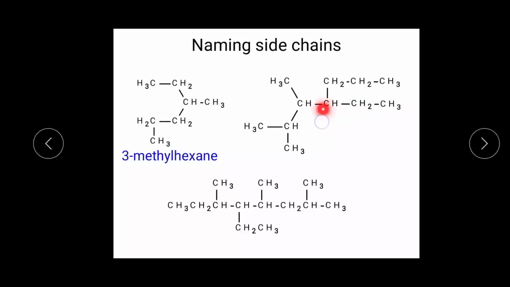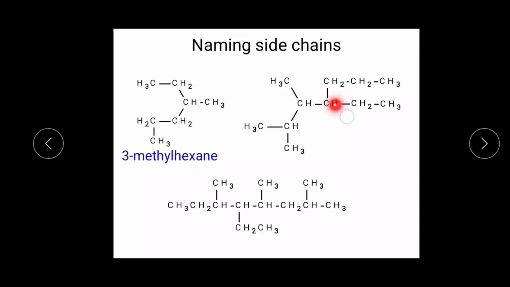We will begin the counting this way. Or you may also do it this way, since this is the longest possible chain.